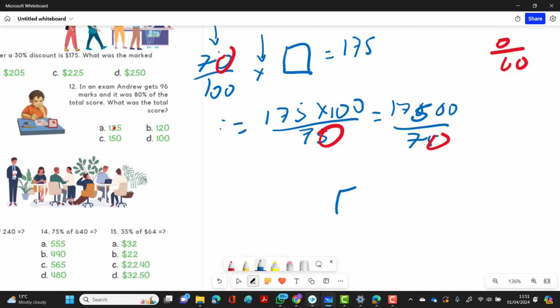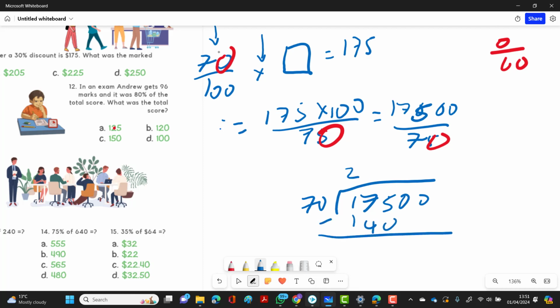Okay, so 175, 70, roughly I reckon it's 2. It's 140. Do the takeaway. 350. So how many 70s go into 350?